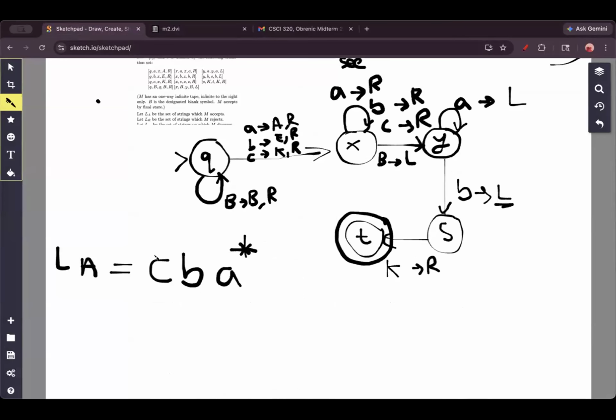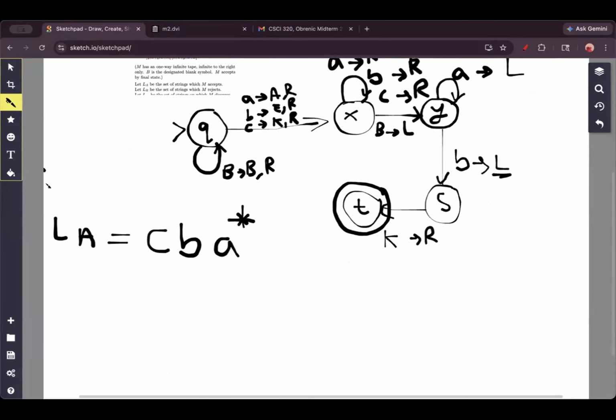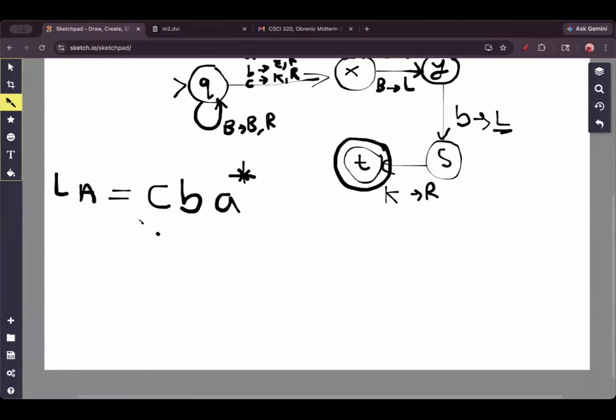Okay, so context-free grammar, this is more of the older topic, but you'd have an S, and then you just turn this regular expression into a context-free grammar, where the CB stays the same, right? CB. Now this A, you could loop on this A, so you could write another rule.